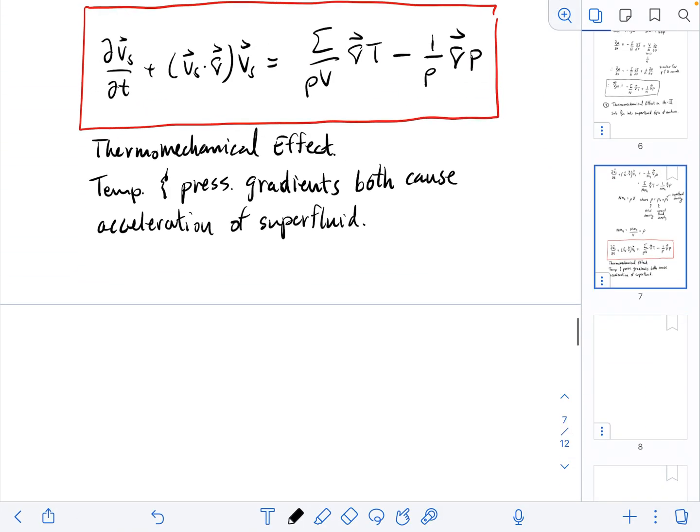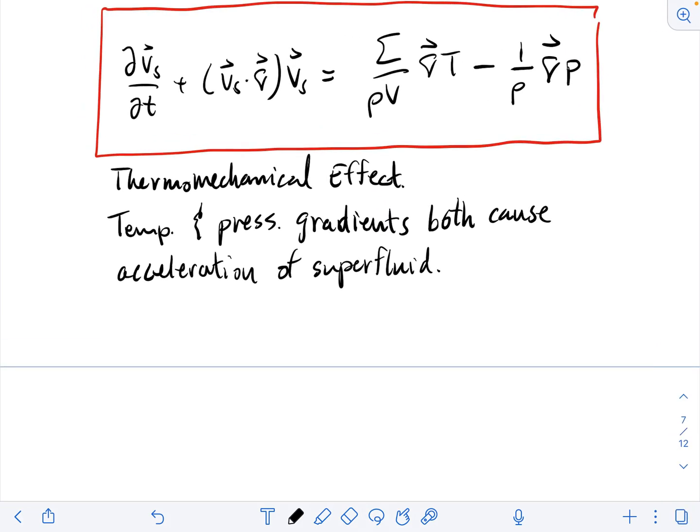All right, so let's think about the equilibrium case when the superfluid is at rest. Or, sorry, it doesn't have to be at rest. Imagine the superfluid velocity is constant, so it's not accelerating.